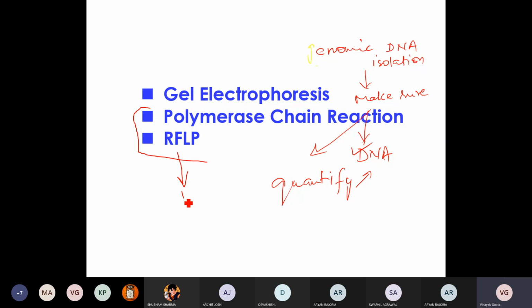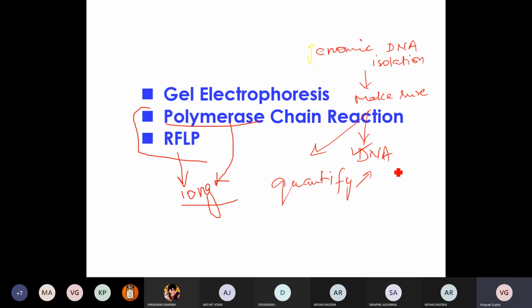Let's say 10 nanogram of DNA, just as a hypothetical example. Let's say PCR requires 10 nanogram of DNA. So we can add 10 nanogram of DNA in the tube if we know the concentration of our DNA sample.